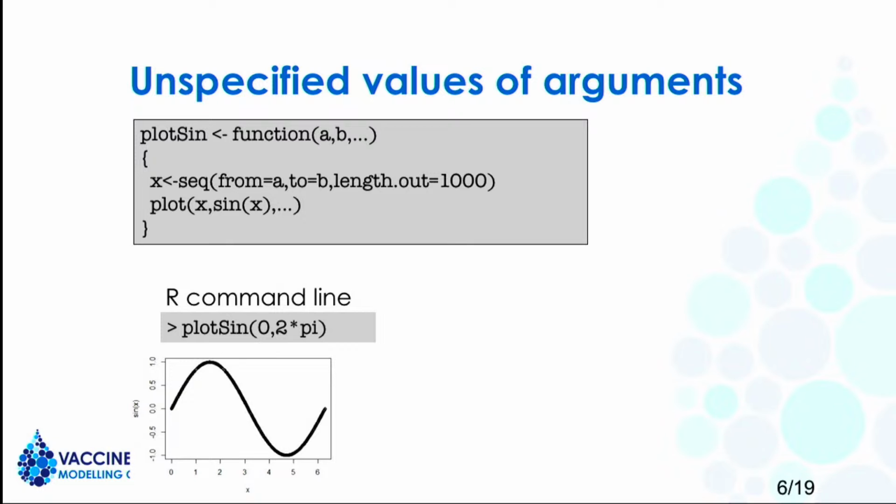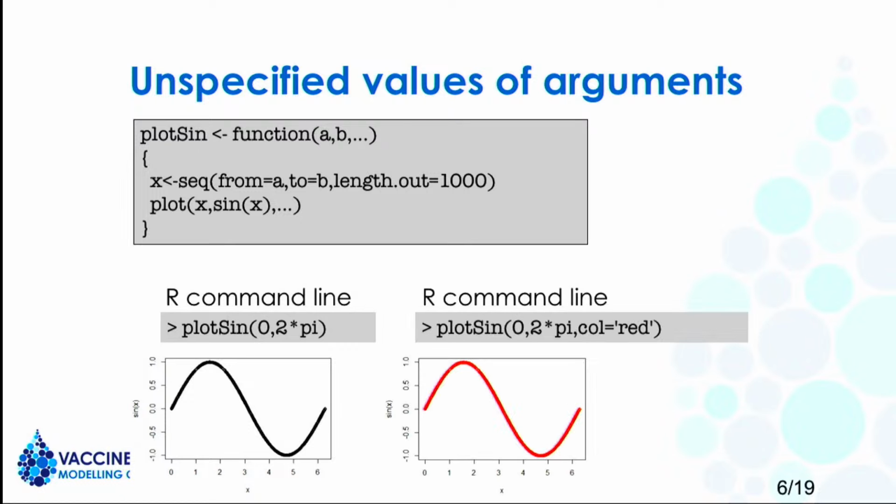In this case, you could imagine you want to do, so here I'm taking the values of x, doing a sequence from A to B with 1,000 elements, and then I'm going to plot x and sine x, but I'm going to also pass these extra arguments through. So we can use the plot sine function with just 2 arguments, and we get a sine function.